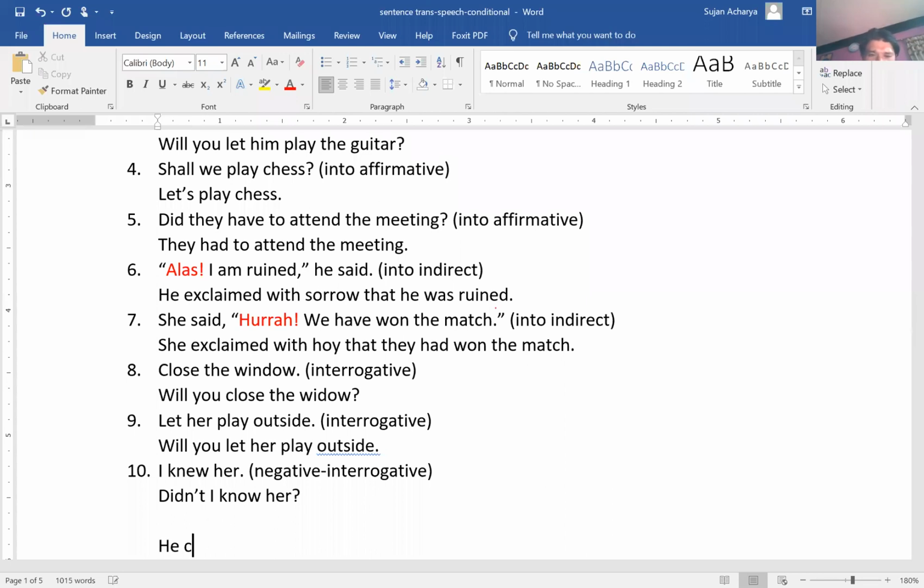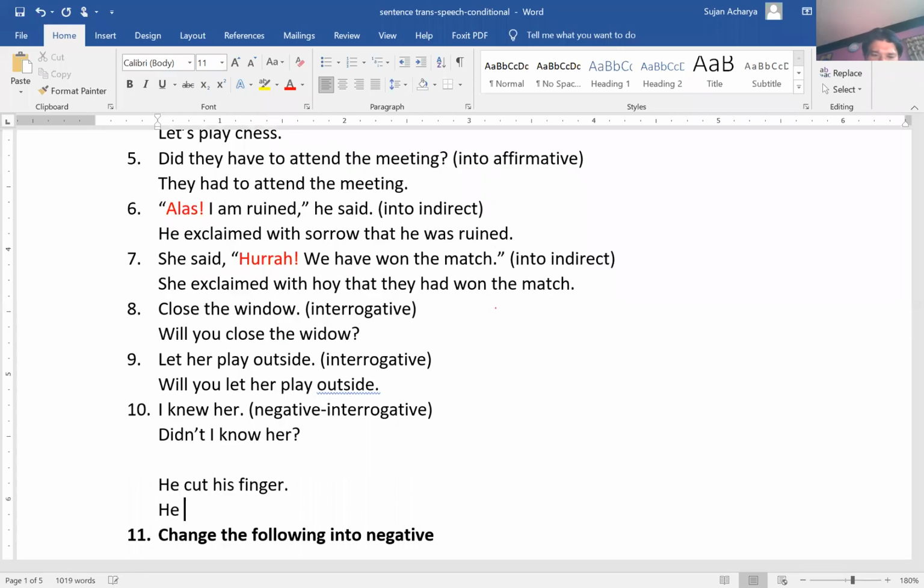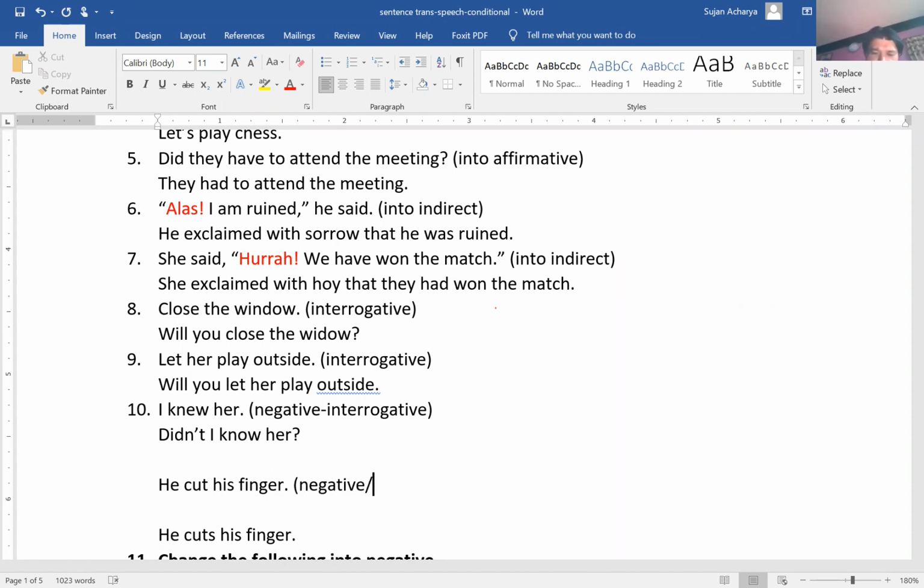he cut his finger. He cuts his finger. And if you are asked to change the sentence into negative, or even interrogative or negative interrogative, for both the answer will be different.